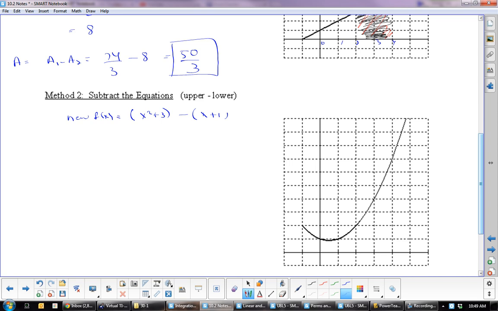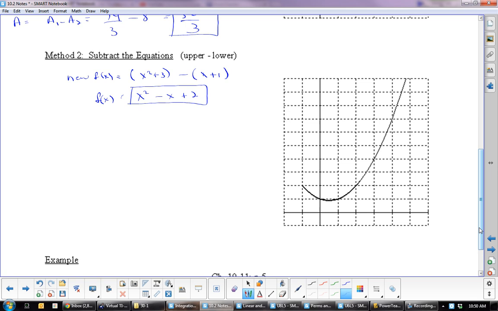So you can see the importance of the brackets there because of a minus sign. So that's x squared, and then just a minus x, and then it'll be 3 minus 1, so that's plus 2. So you can see this is a lot more time savings, but I needed to show you the other way, because if I did this, some students would ask, could you just take the two graphs and subtract the areas?